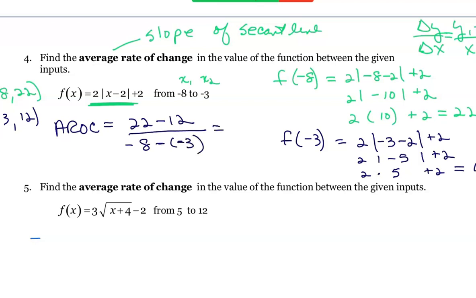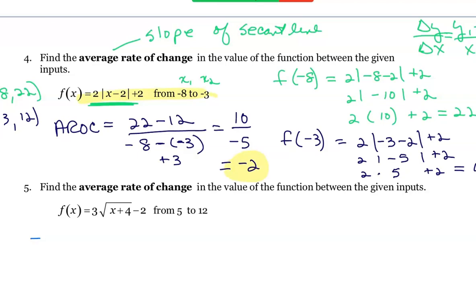So that's going to be 10 over a -8 plus 3. That's a -5. So that average rate of change is going to be -2. And that is our answer. Okay, the average rate of change for this problem was -2.